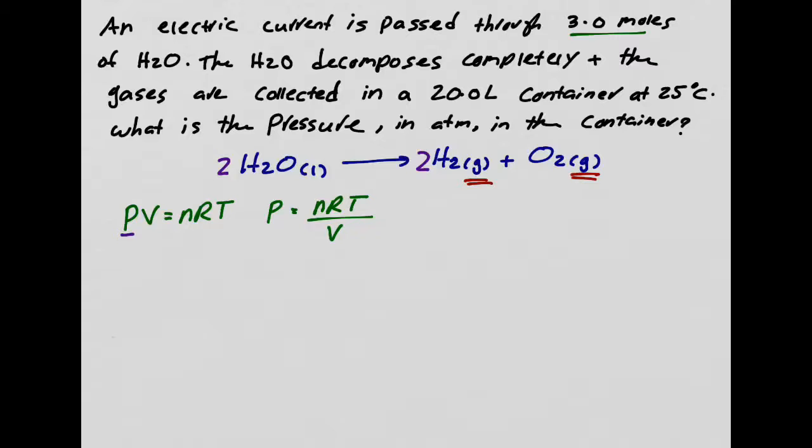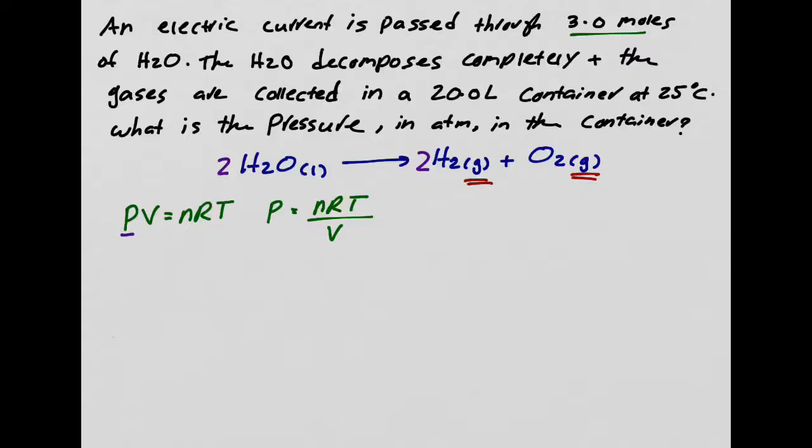Every time I give you one thing but ask for something else, you have to use hashtag mole ratio to figure out the item that you want. That's really important, that's why it gets a hashtag. Alright, let's do this together.